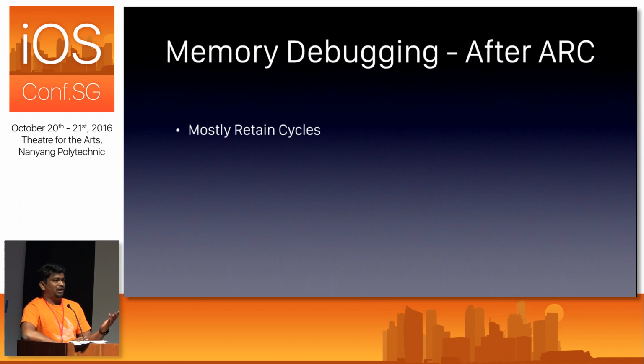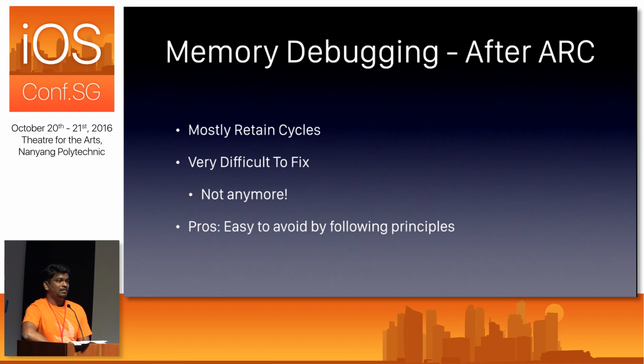But ARC has benefits, which is why we live in a post-ARC world now. Mostly retain cycles, difficult to fix. You can avoid retain cycles by following principles, but you will have that luxury only when you architect and write the complete code, which most of us don't have the luxury of doing.